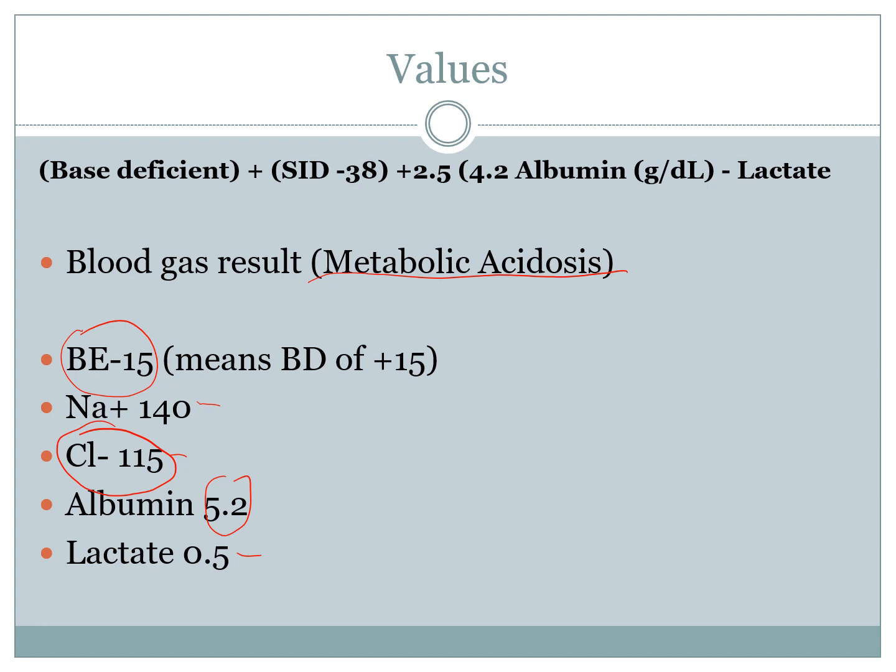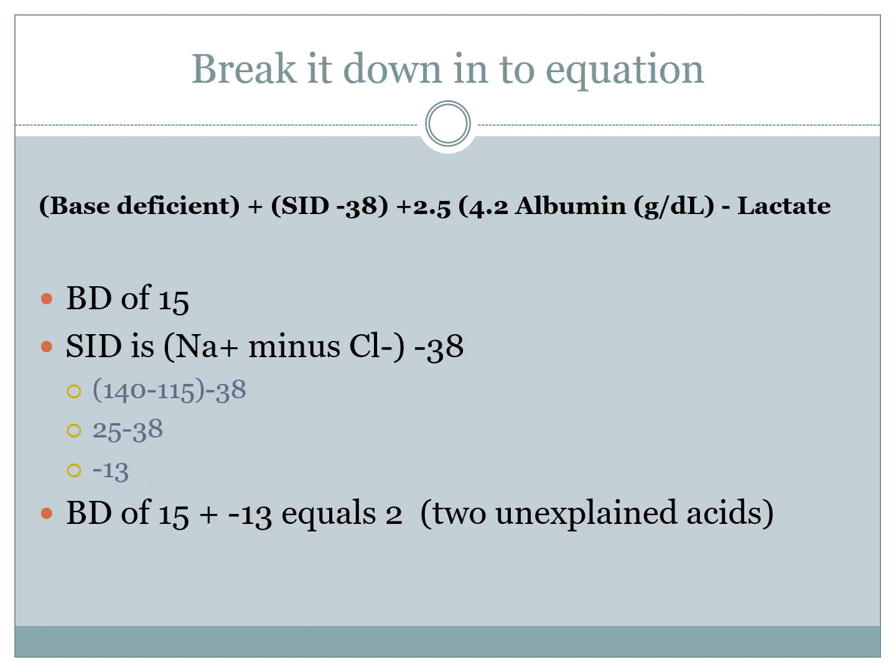From there, we break it into the equation. So we start with 15, and then we add our SIG. 140 minus 115 is 25. 25 minus 38 is negative 13. So 15 plus negative 13 equals 2, which means at this stage, after the first step, we have 2 unexplained acids going on.